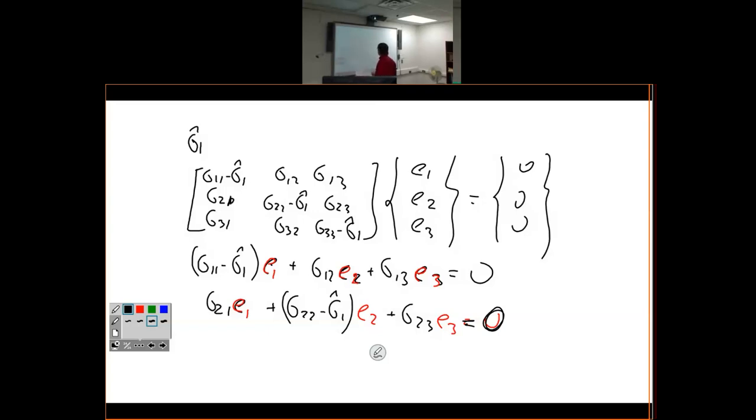Theoretically you could use the third equation, but instead you better take those two equations. Three unknowns, you will get E1, E2, and E3, but there will be two solutions because it's quadratic.